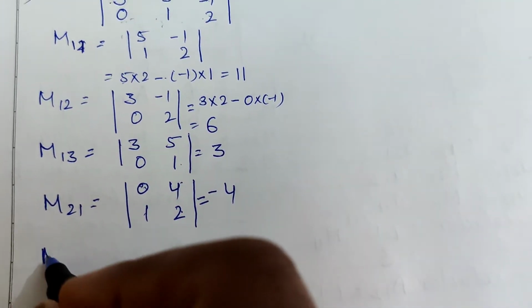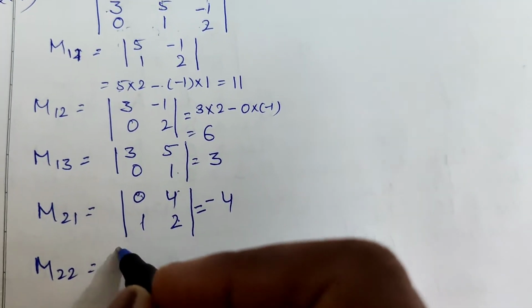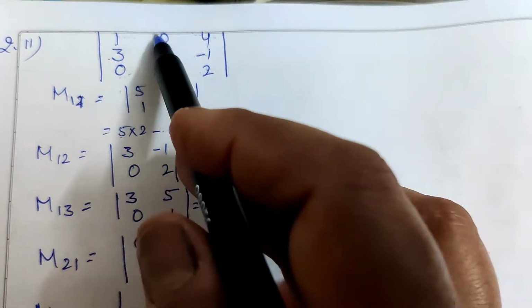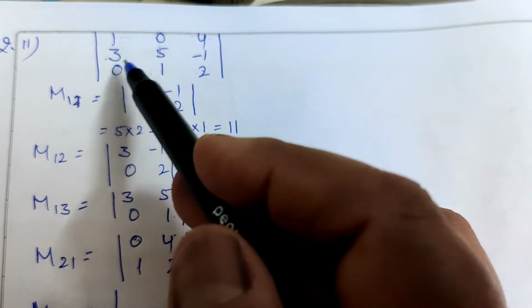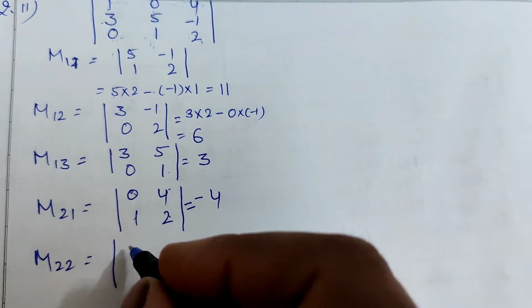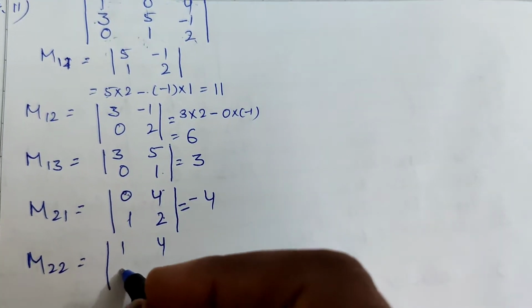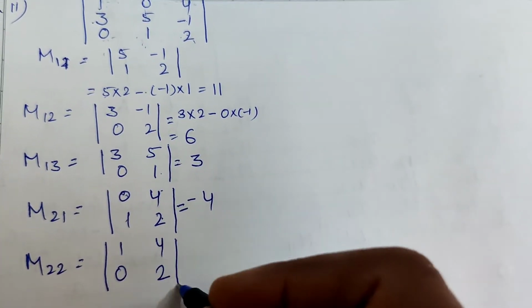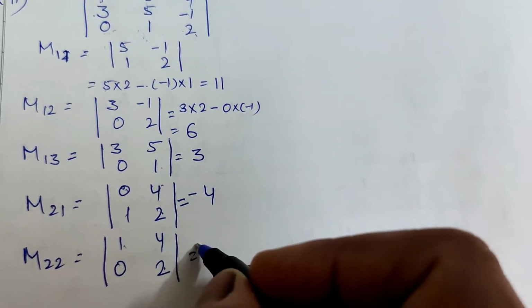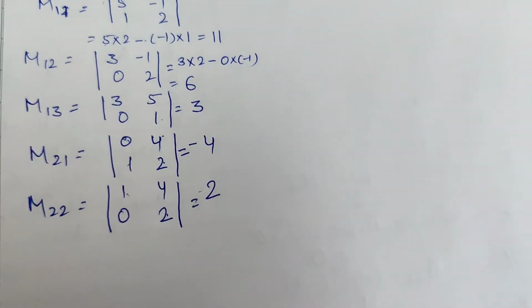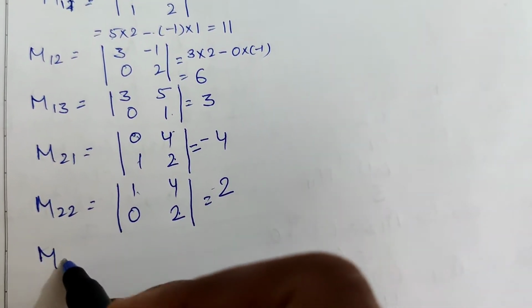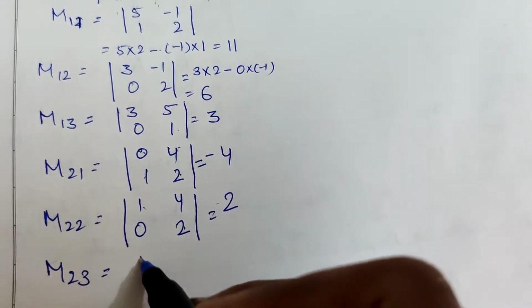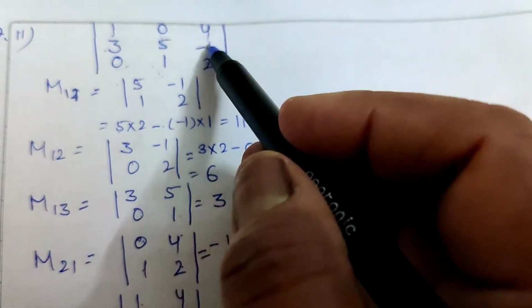And M22. Second row, second column means 1 0, 4 2. It is 2. And M23. Second row, third column.